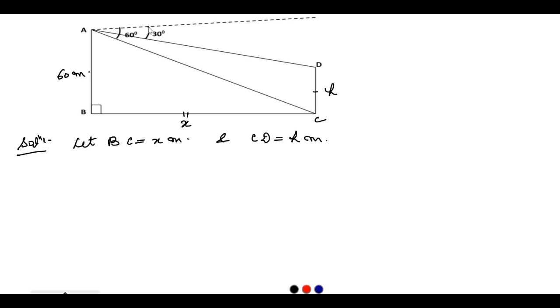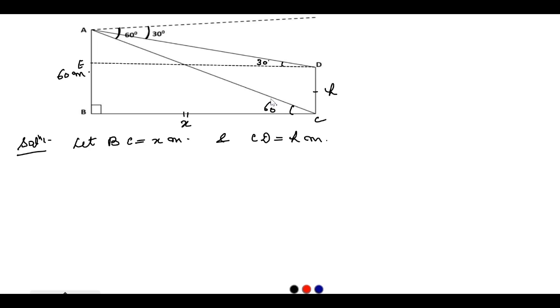Now, if this angle is 30 degree, then if we draw a horizontal line DE, then this angle will be equal to 30. And if this angle is 60, then angle ACB will be equal to 60 degree.